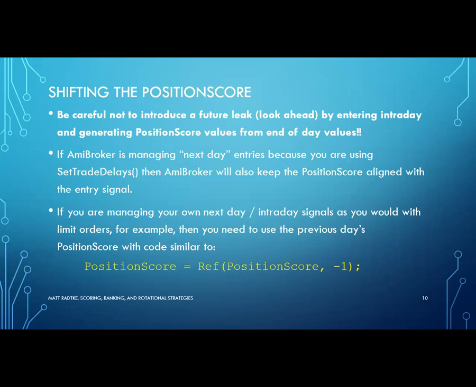If you're managing your own next day entries or intraday signals, for example, with limit orders, then you need to make sure that you shift your position score by one place, one day, one bar, whatever, so that you're using the Tuesday night position score to rank trades on Wednesday. Does that make sense to everybody? Because that's an important point, because it's a really easy place to accidentally introduce a future leak.